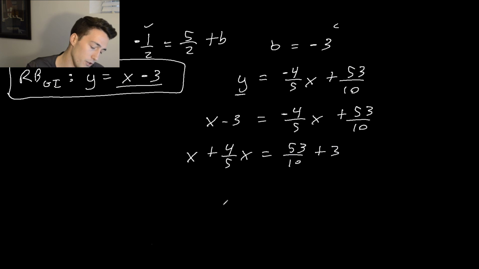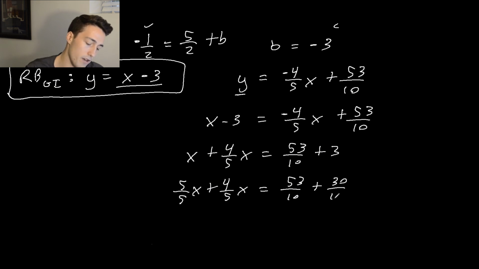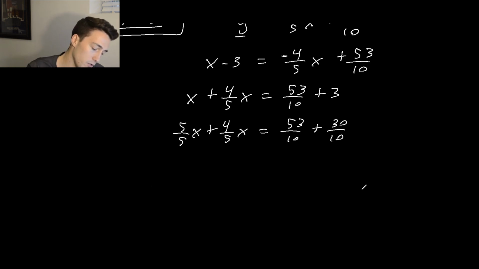So here, if we do 5 over 5x plus 4 over 5x, and then here we'll do 53 over 10 plus, well, if we get 30 on top, then that'll be a common denominator. We can now do 9 over 5x is equal to 83 over 10.